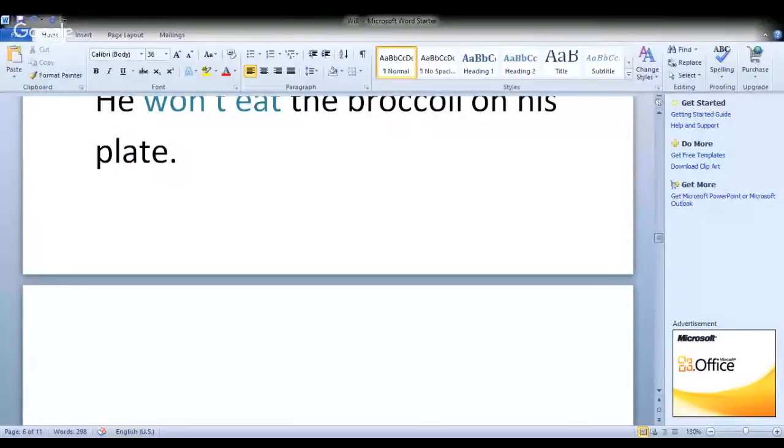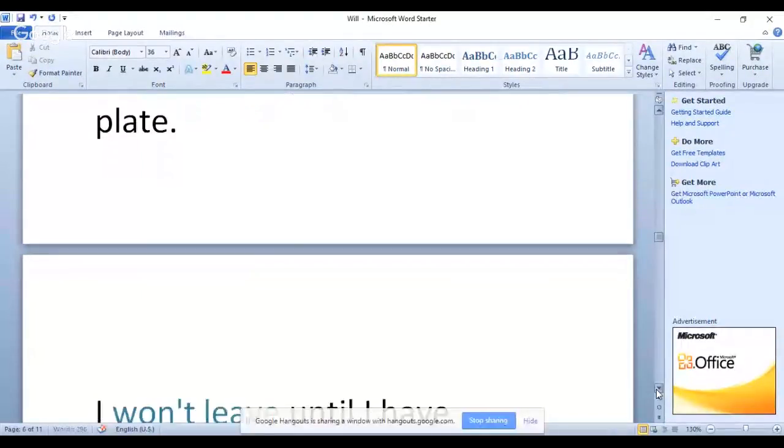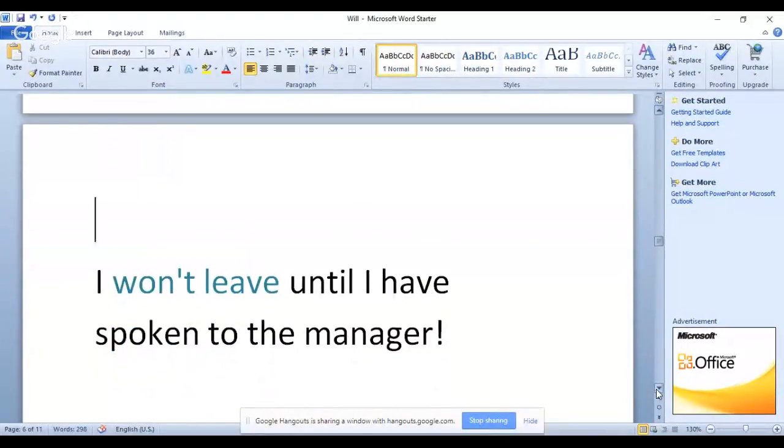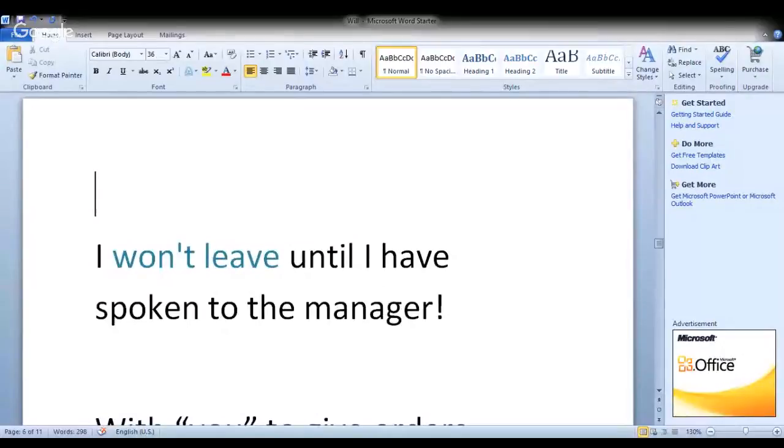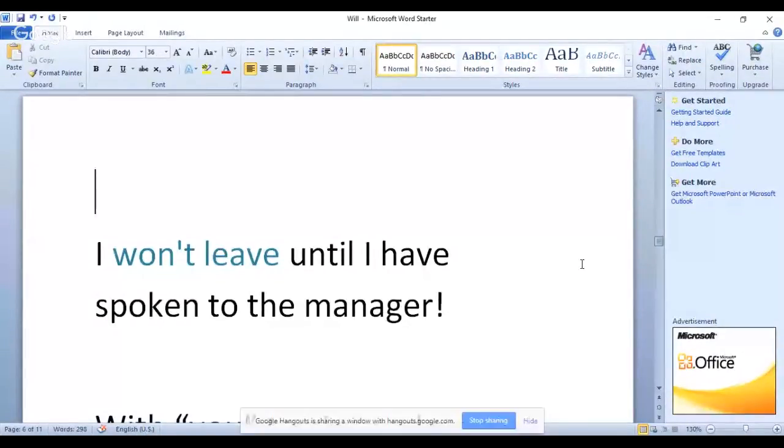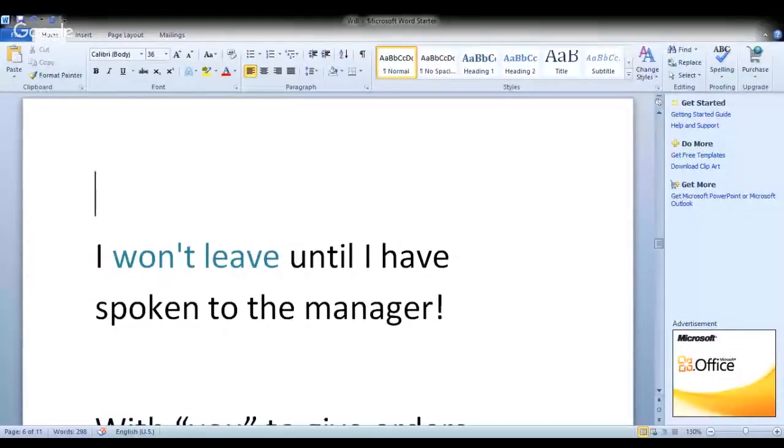All right, so that was a good example about not eating shrimp because they're allergic. And then we have this example. Can you read this example for us? I won't leave until I have spoken to the manager. So, what kind of situation do you think someone would say this in? It's almost like a claim. I won't leave.